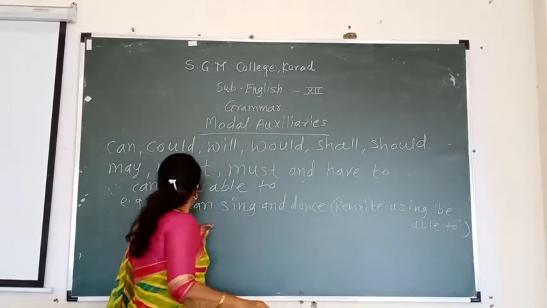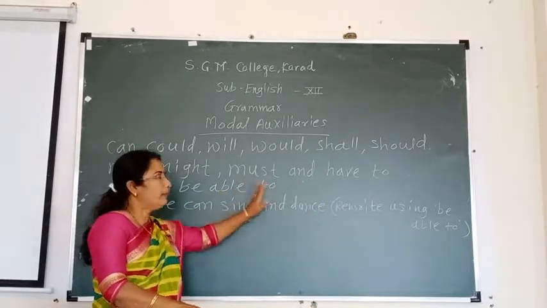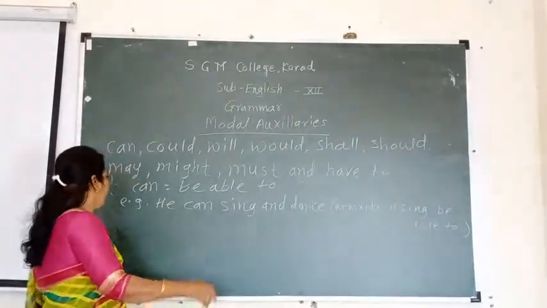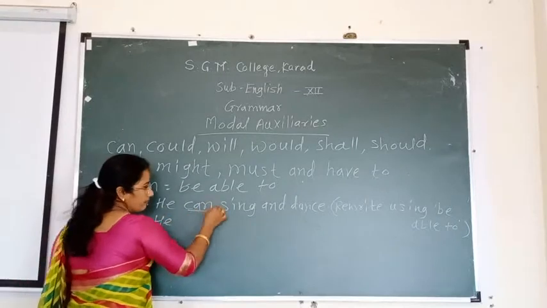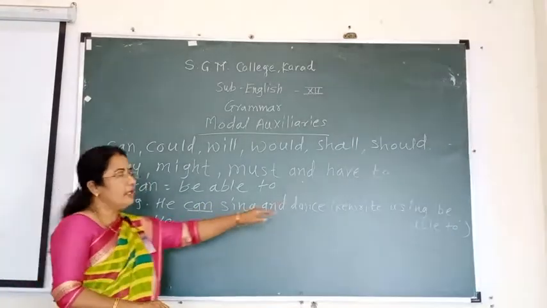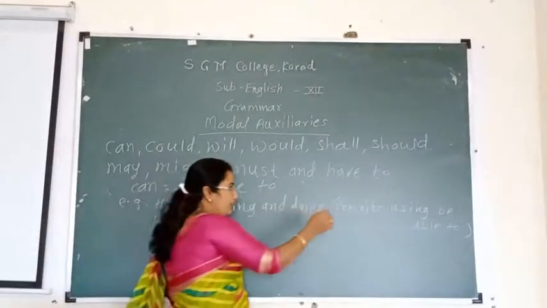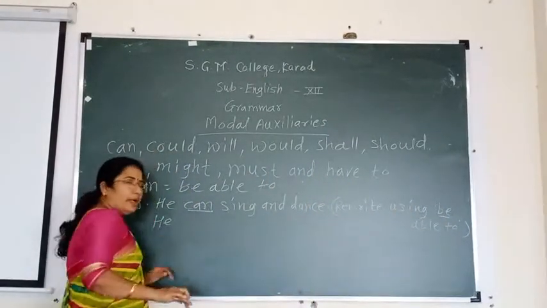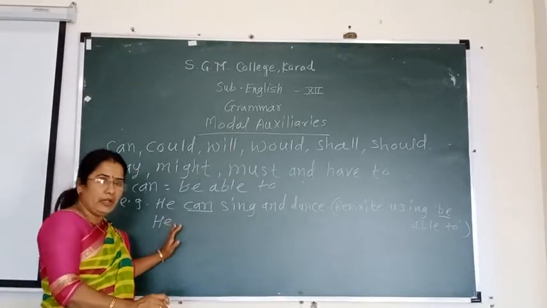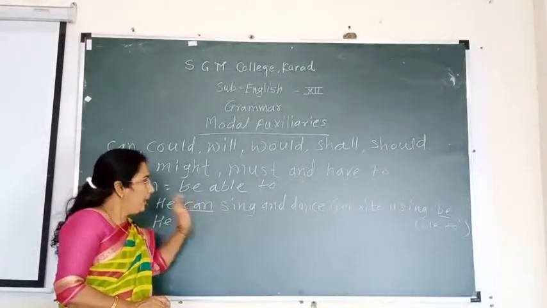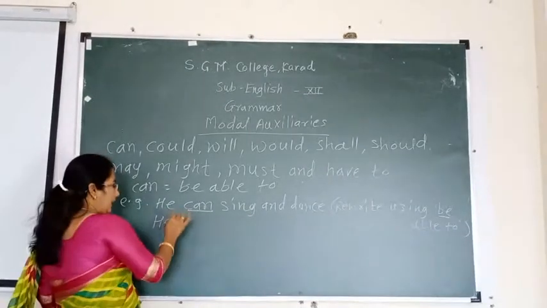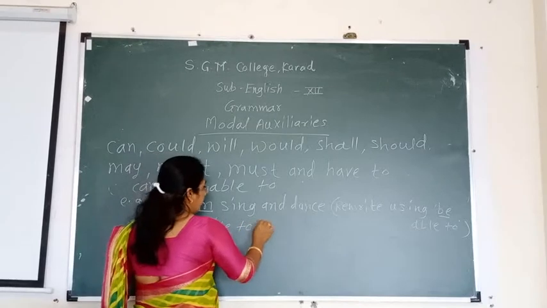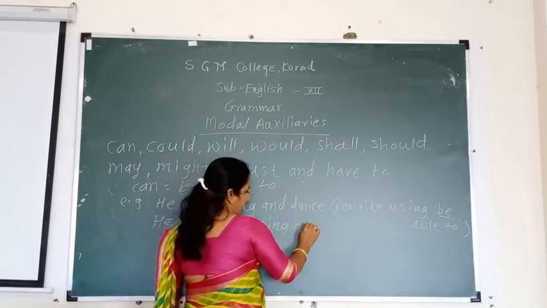Here, can is equal to be able to, so we will use be able to in this example. The be is the helping verb of to be. The subject is singular, so the helping verb is is. He is able to sing and dance.